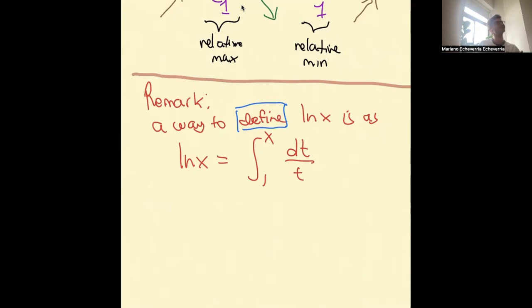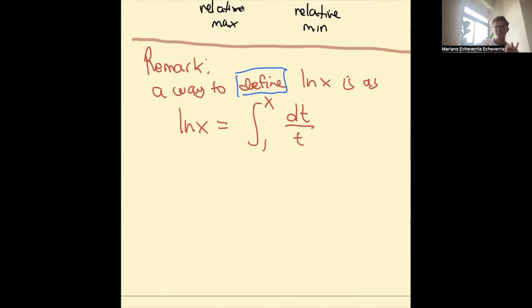And from there, if you took that as a definition, it would become automatic that the derivative of natural log of x is 1 over x. This would become immediate. You would get this almost for free.